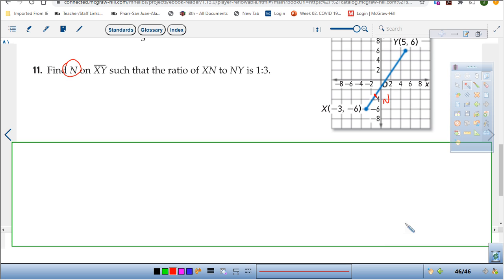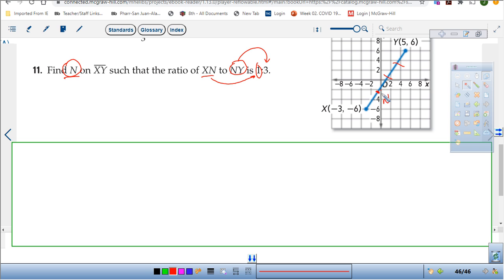Ready for this assignment? Let's see what's going on here. So when it comes to this right here, I was just kind of putting it where I think it would go. They want you to find N on XY, so the distance from X to Y, or the length of XY. They want N right here, about 1 to 3. So X to N is kind of closer, and Y is going to be kind of further, right?